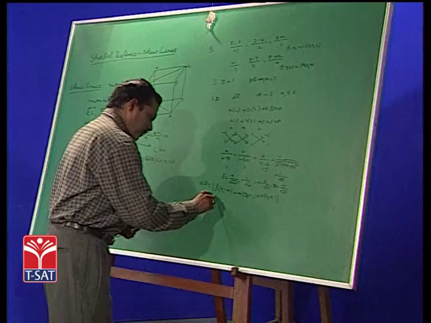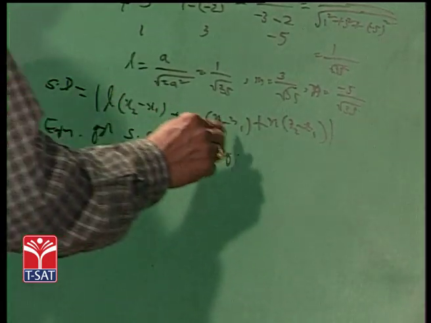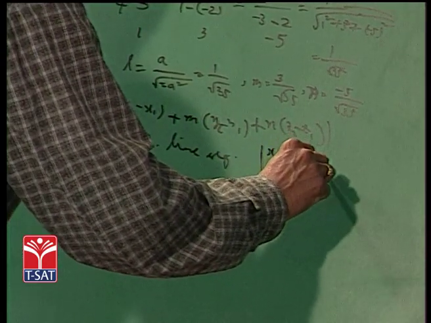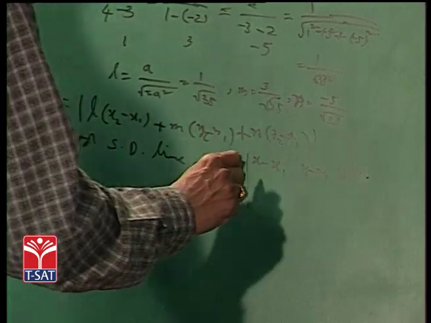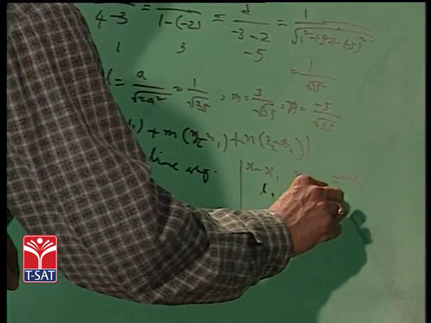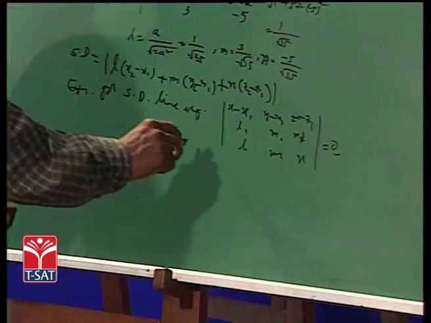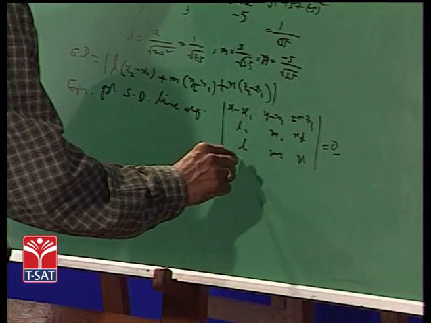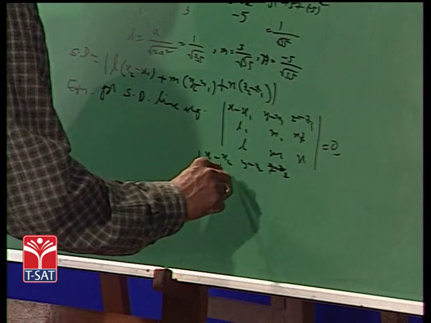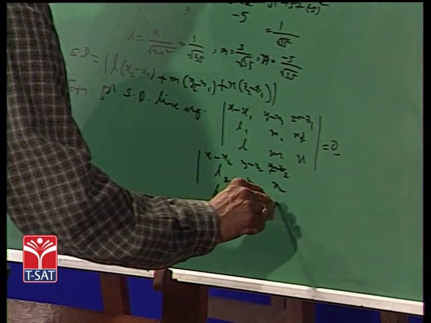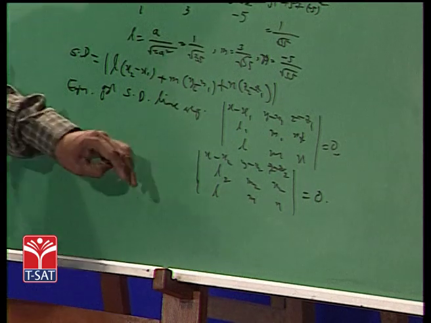The equation for the shortest distance line segment AB is given by the determinant of x minus x1, y minus y1, z minus z1; L1 m1 n1; and L m n equal to 0, and the determinant of x minus x2, y minus y2, z minus z2; L2 m2 n2; L m n is equal to 0. These two equations together form the equation for the shortest distance line segment.